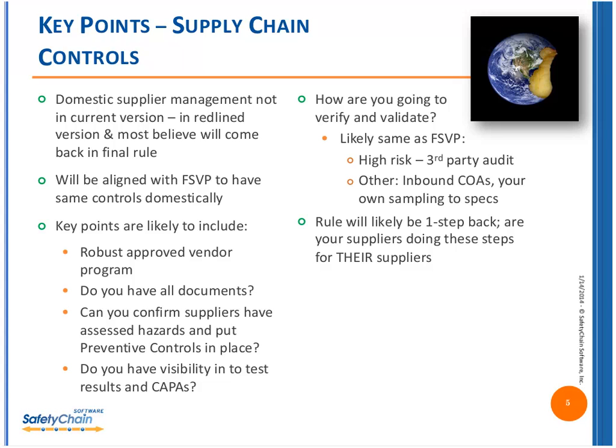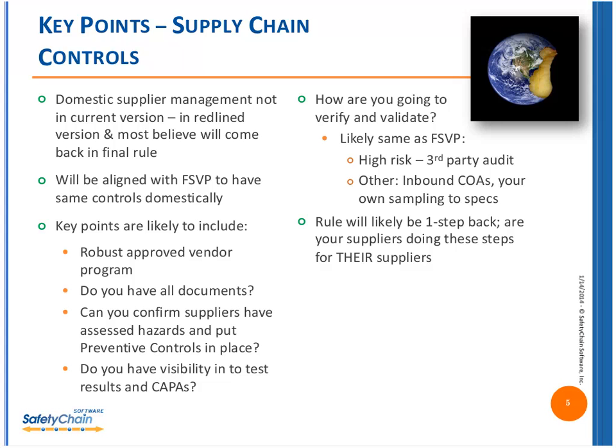Very likely, it's believed that the same options that are in the foreign supplier verification program will be in the domestic supplier management rule. So if you recall, those two options, if you've got a high-risk product, it's believed that we're going to see that same third-party auditor rule domestically, that high-risk products are going to require third-party auditing.